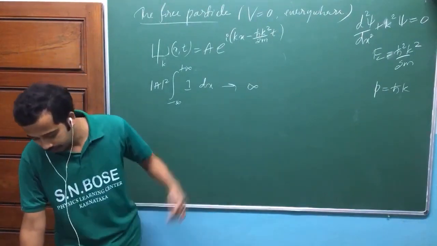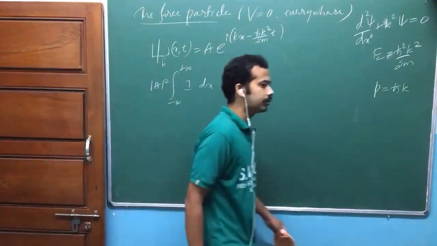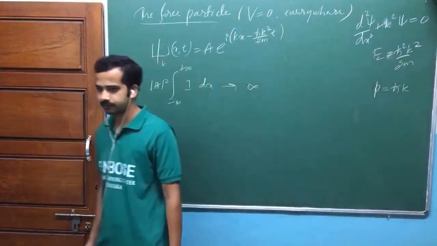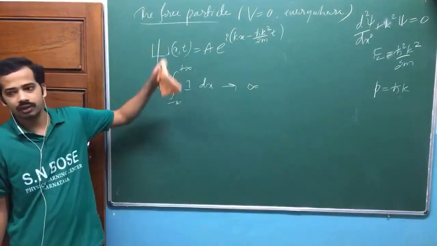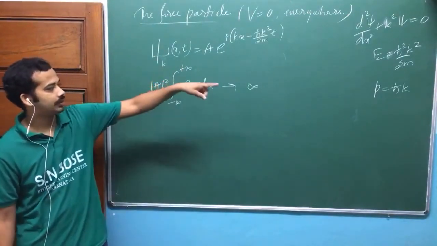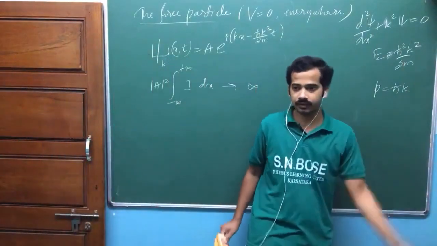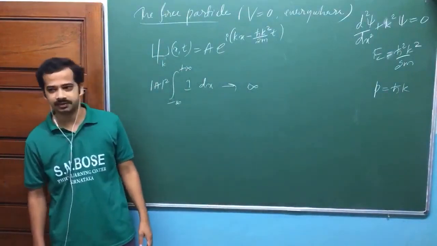The wave function is not normalizable, and we say non-normalizable solutions are not physically acceptable. So that's why we interpret that there is no state like this. There is no state which has a definite momentum. There is no state which has a definite energy. This is a state of definite energy. There is no free particle with definite energy.